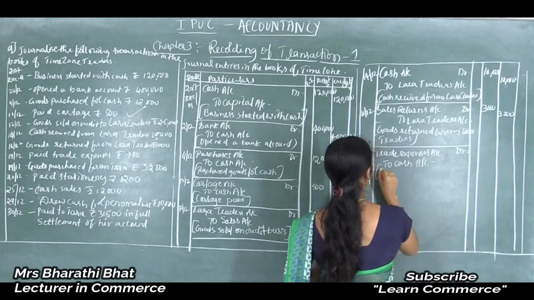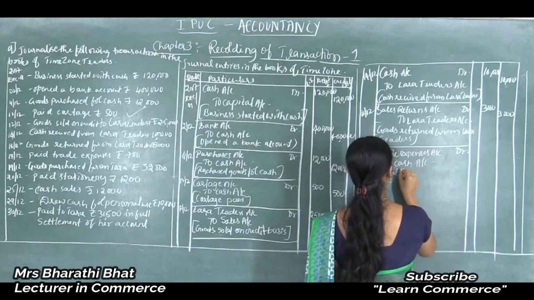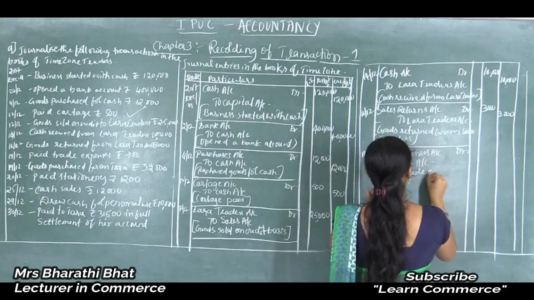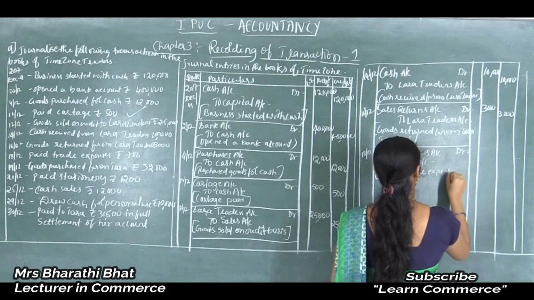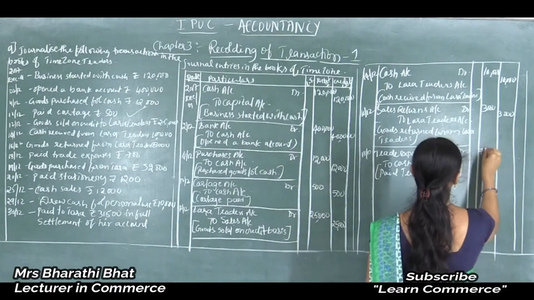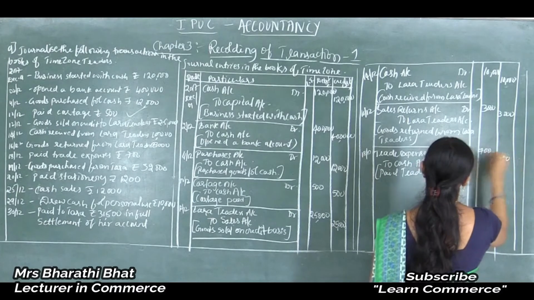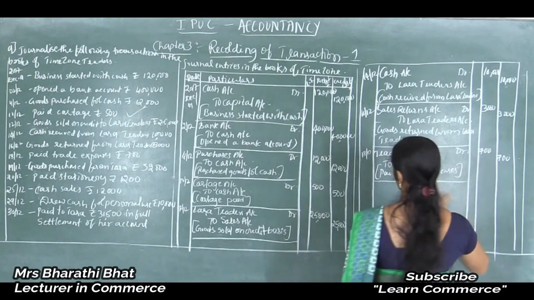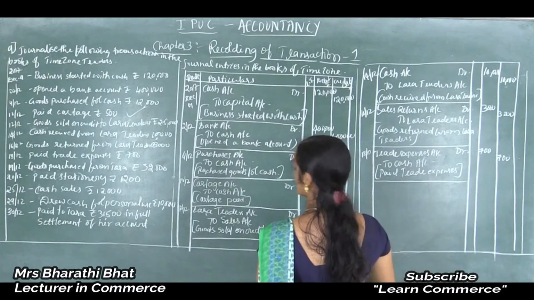In bracket, paid trade expenses. What is the amount? 700 rupees. Okay, next one.